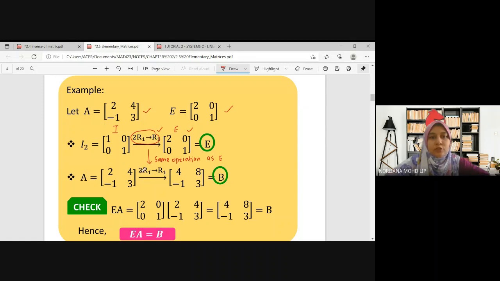Use the same operation, 2 row 1 transform into row 1 in order to get the matrix B. Multiple with 2 lah, 2 for row 1. So 4 8, negative 1 3. So this is matrix B.